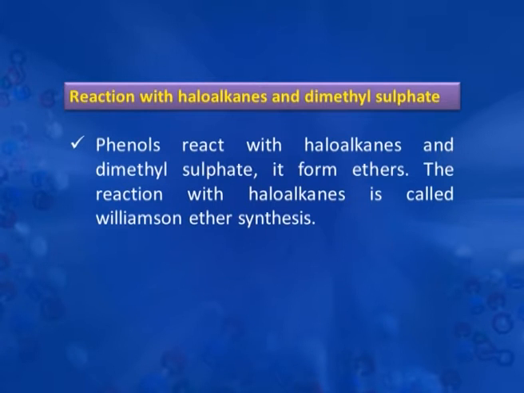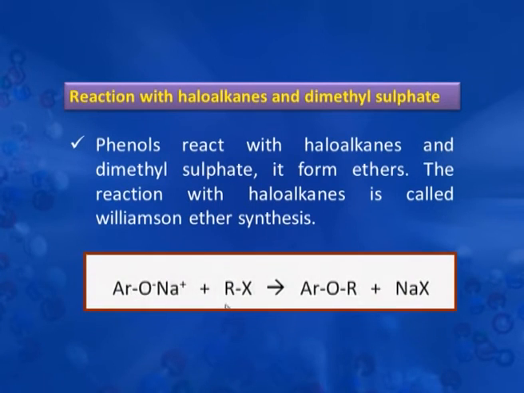As you can see here, sodium phenoxide reacts with haloalkane and forms the methyl or alkyl ether. The formation of sodium phenoxide is possible because when we put this phenol in water, it forms the phenoxide ion very easily, and then it reacts with alkyl halide, generating this.